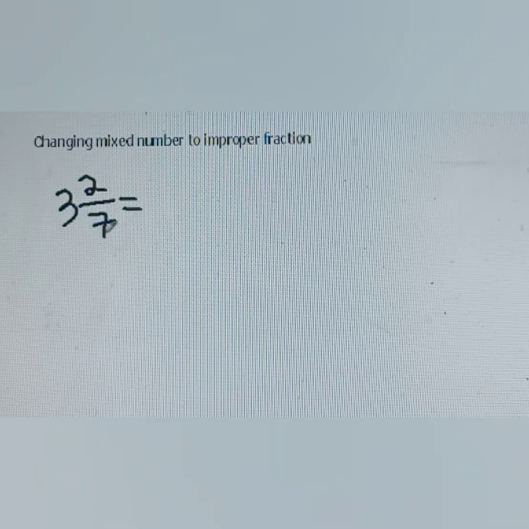Again, multiply these two, 7 and 3. So let's multiply 7 times 3. Again, this is 3. Then after that, plus the 2. Plus 2 over, just copy the denominator here, which is 7.